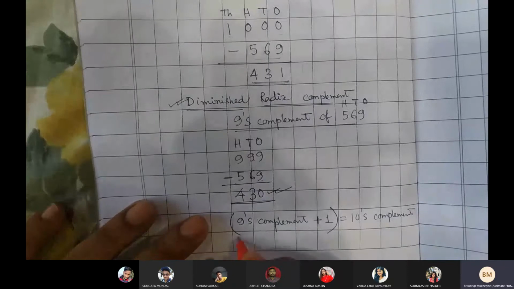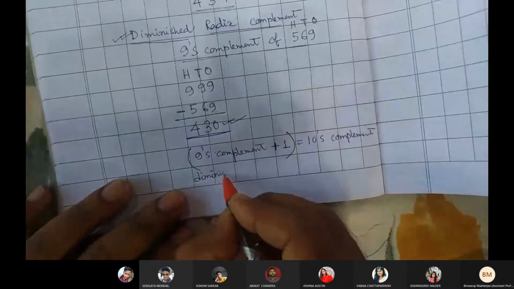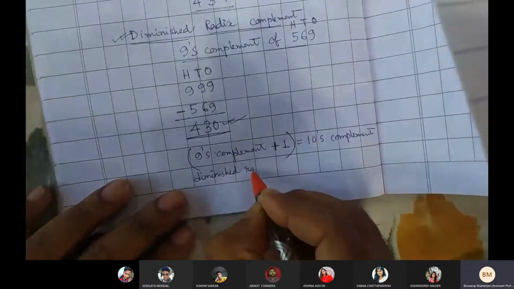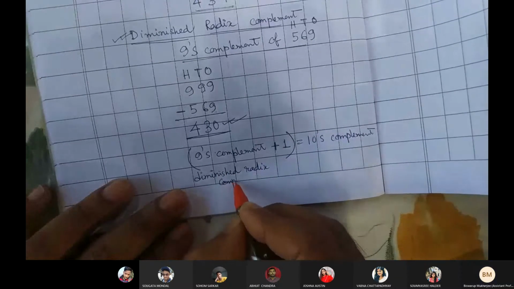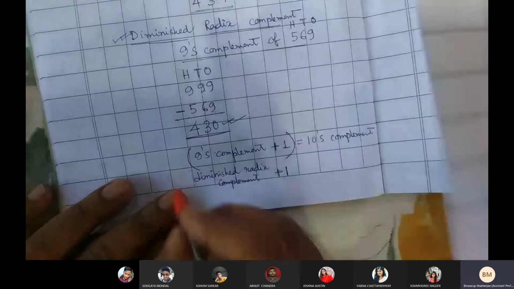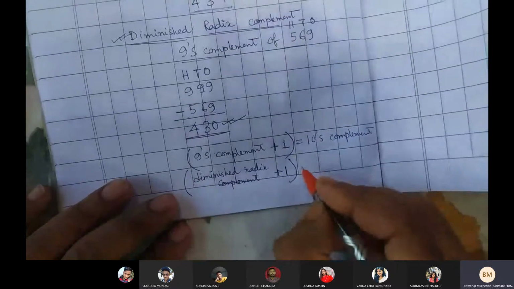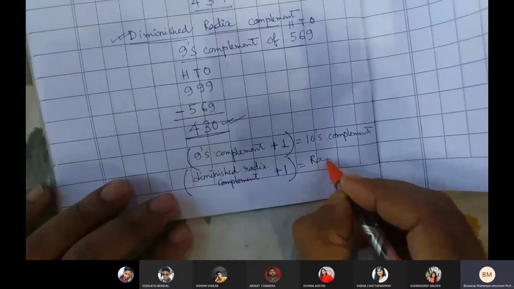So the diminished radix complement plus 1 will give you the radix complement.